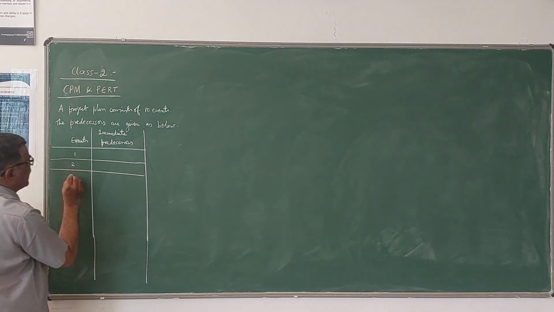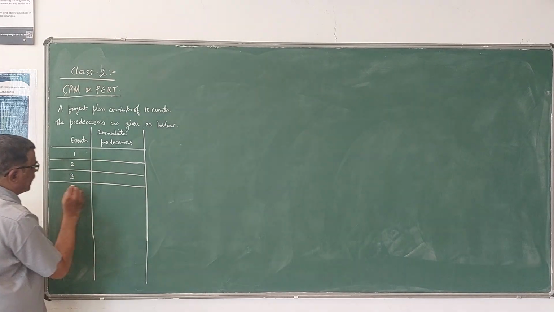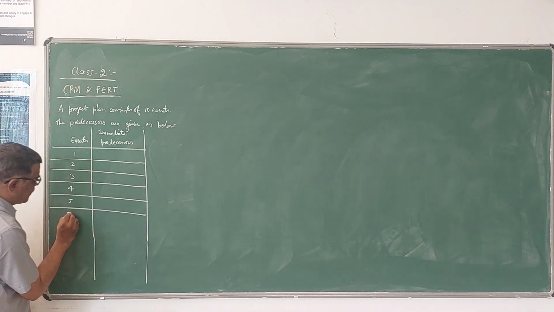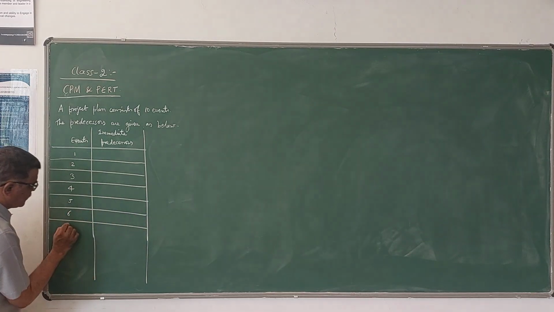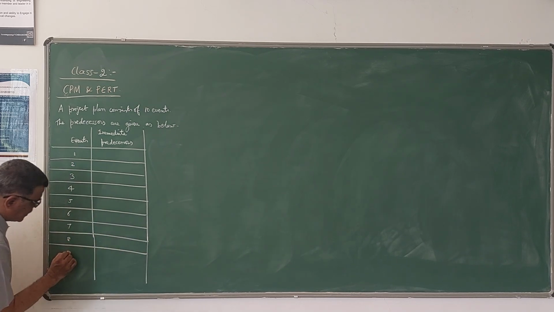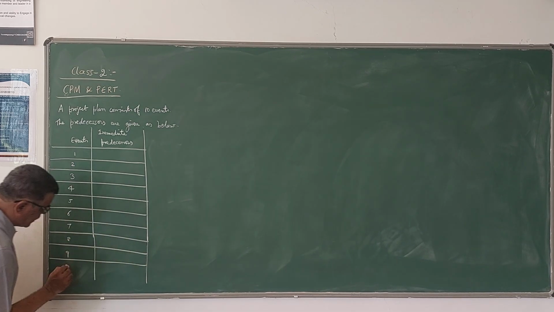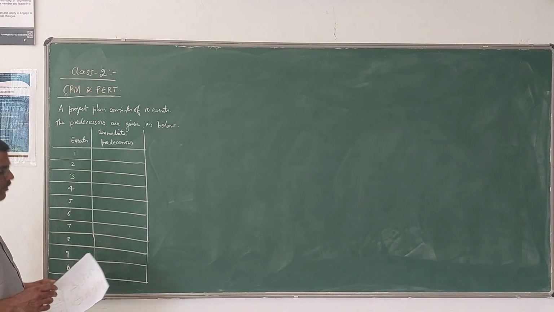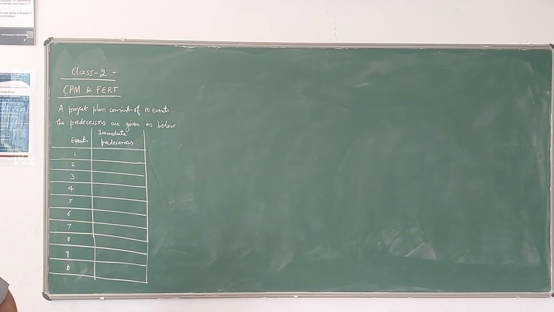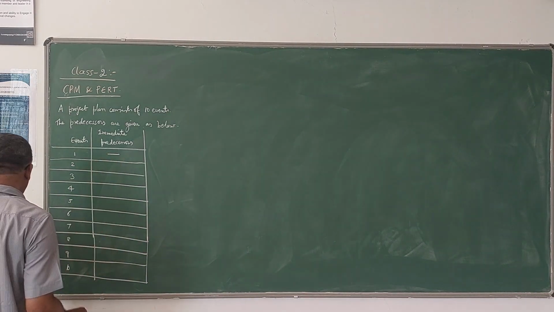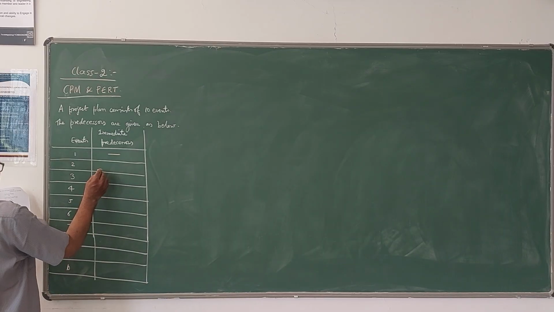See, there are 10 events here, numbered 1 to 10. So immediate predecessors are given like this. For 1, there is no predecessor because it is the initial event, which is the tail event.